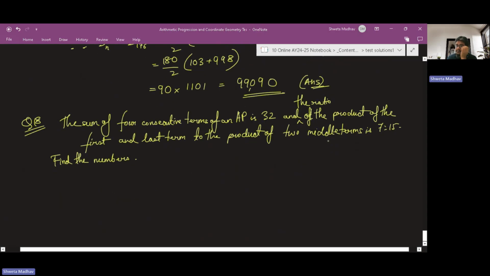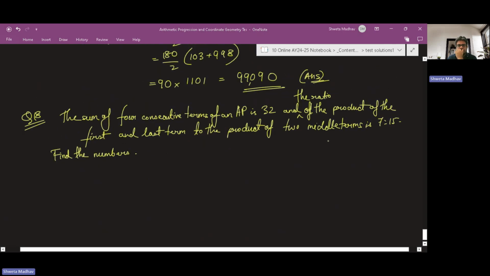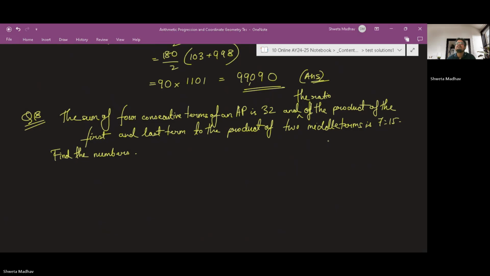So here it is told that the sum of the 4 consecutive terms of an AP is 32.